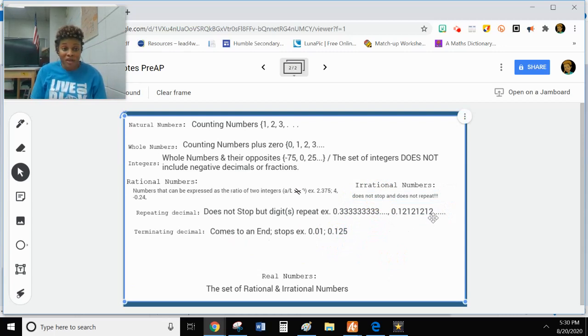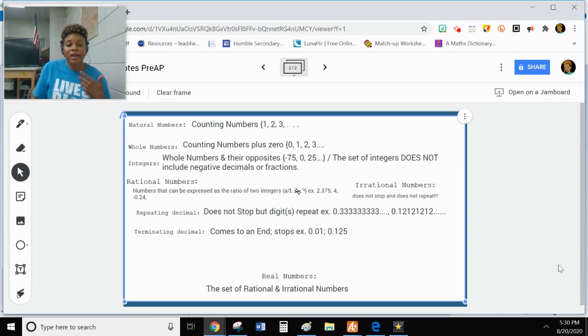So if we get a number that doesn't stop and it doesn't have a pattern, it is irrational. So if it's 0.125712371247125775532 and so on, any of that, it just doesn't come to an end and it doesn't have a logical pattern that we can identify, it's irrational.